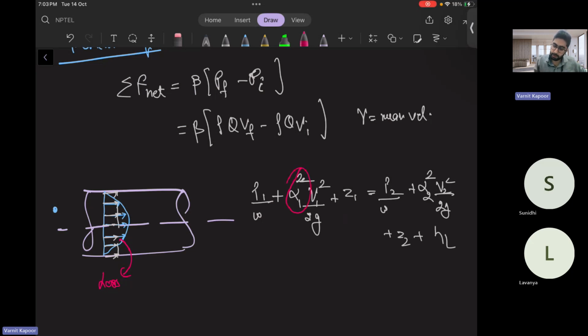So there is an alpha here because of the presence of loss. This is your first position, and similarly your second section also. Okay, and these are your mean velocities. Always remember.